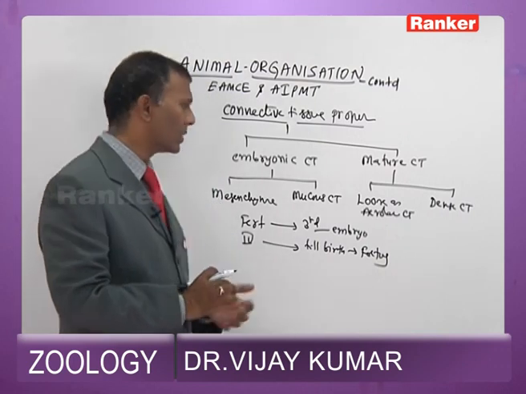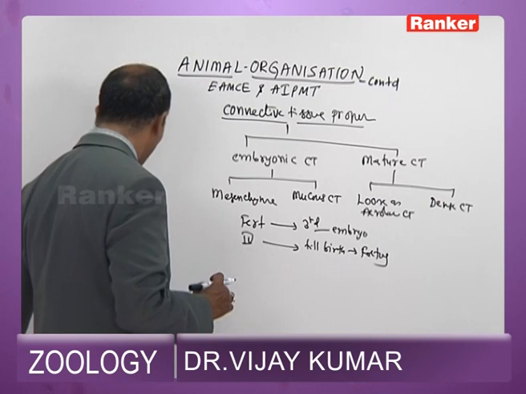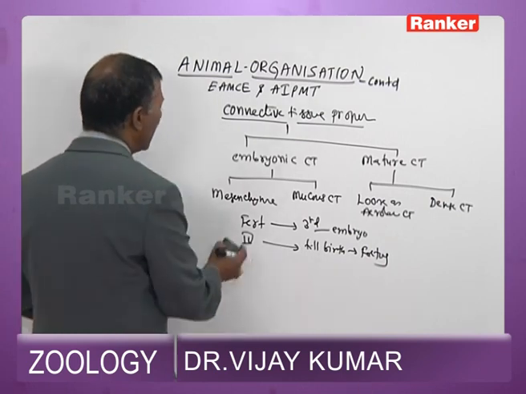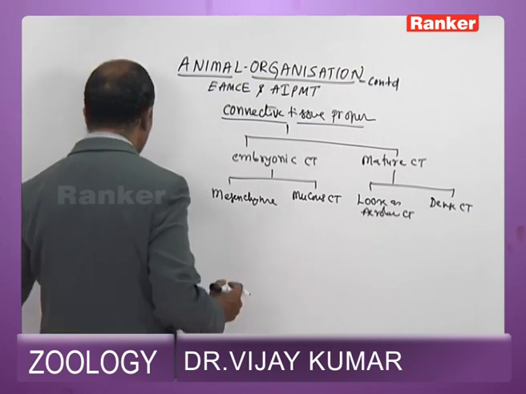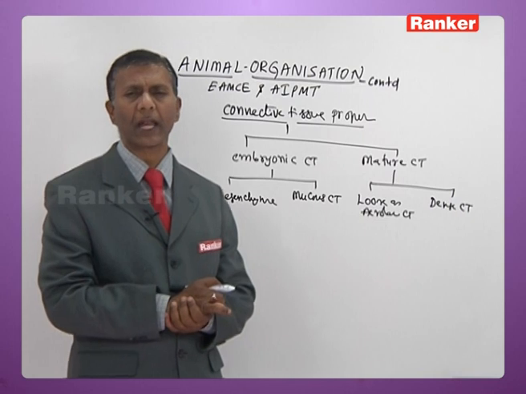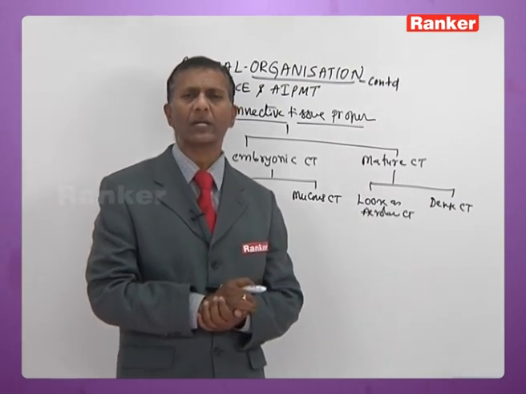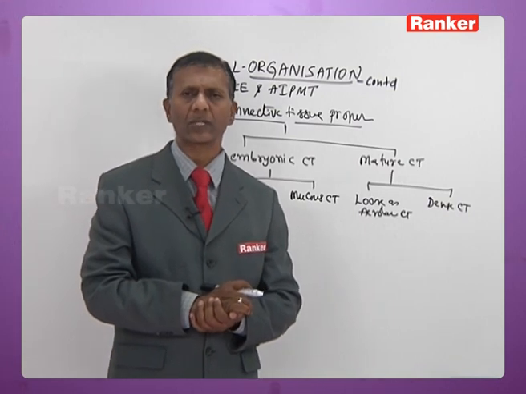Now, embryonic connective tissue, as I said, is divided into two types, mesenchyme and mucous connective tissue. Now, the mesenchyme is the precursor of all other connective tissues. If you get a question in the EAMCET or any other exam, from which tissue do all the other connective tissues arise, you should say mesenchyme.